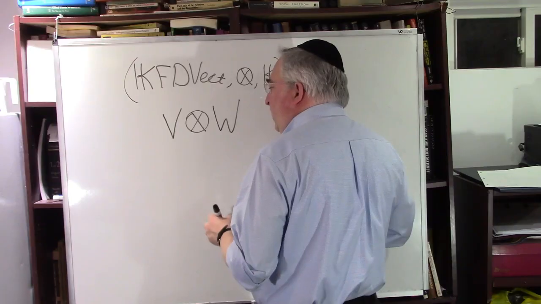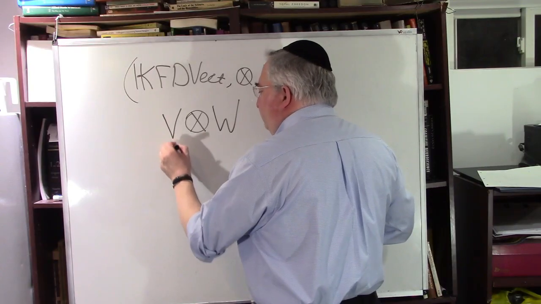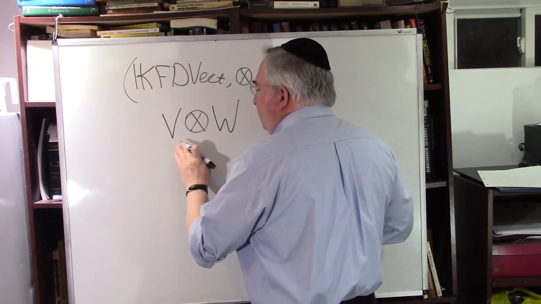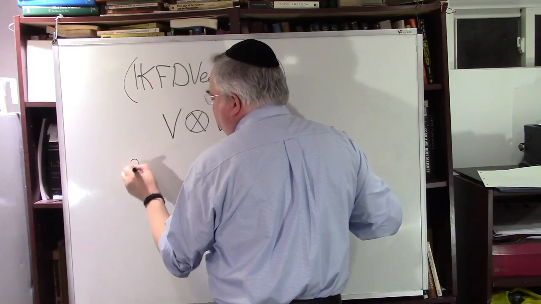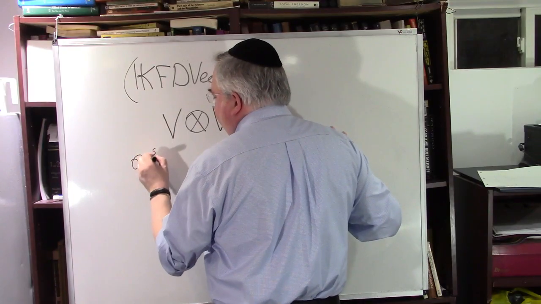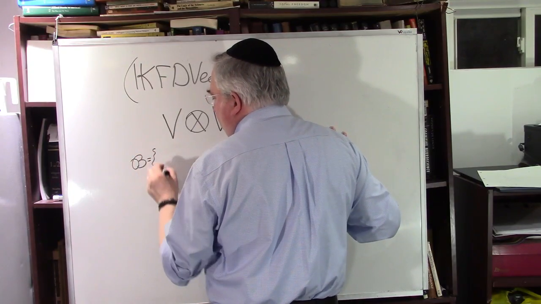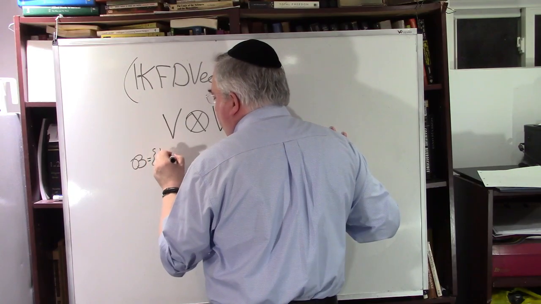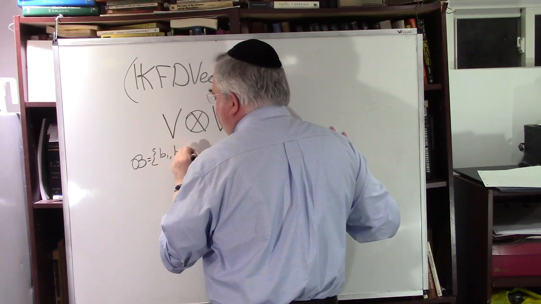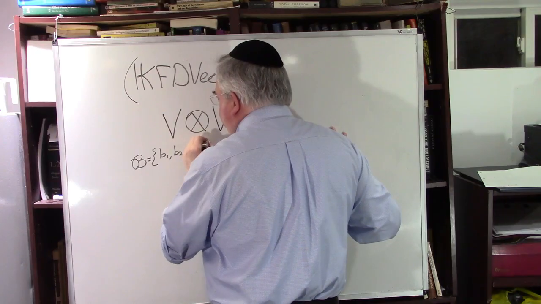Let's say V is generated by a basis, B, which has B1, B2, and since it's finite, Bm.